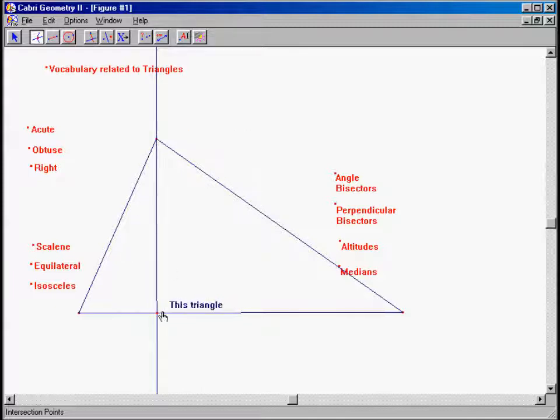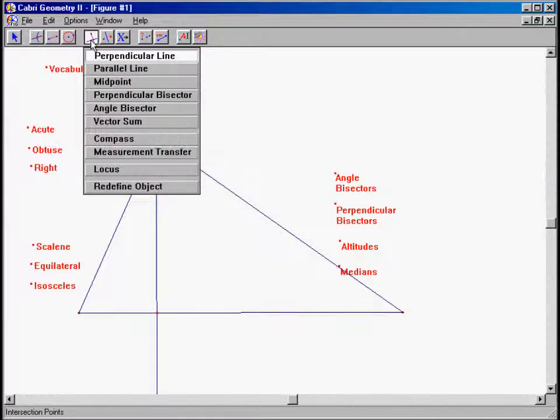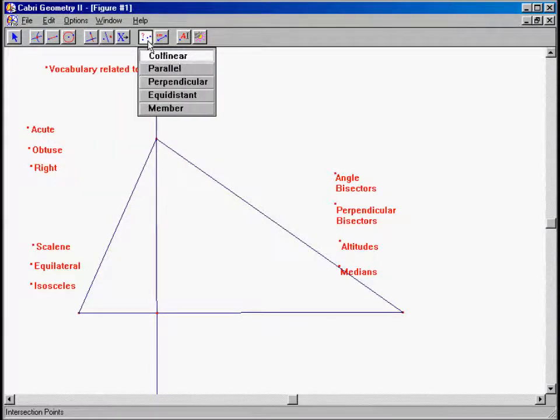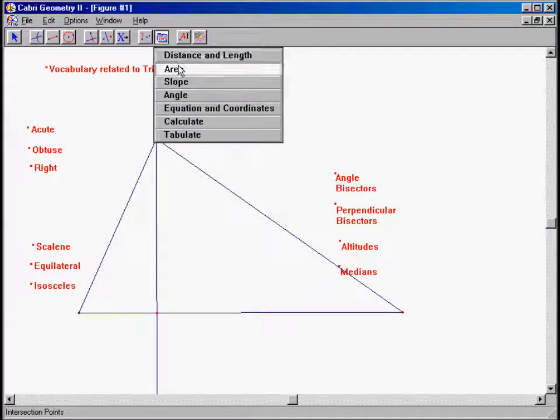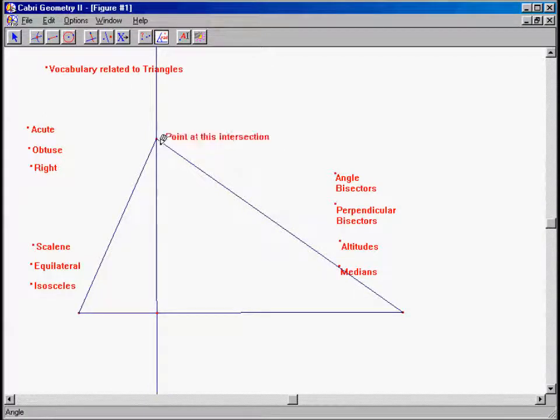That's the altitude. And we might as well measure an angle. It's been so long since I've done this. Let's see if I still remember. That angle is 90 degrees, because it should be, because it's a perpendicular.